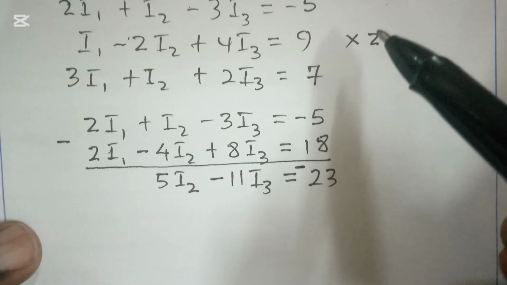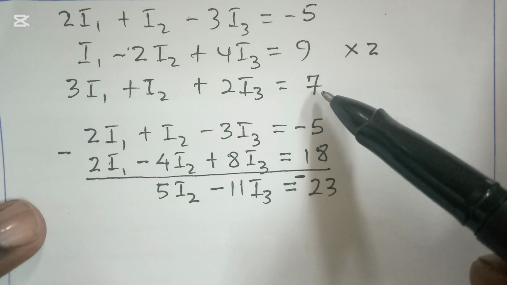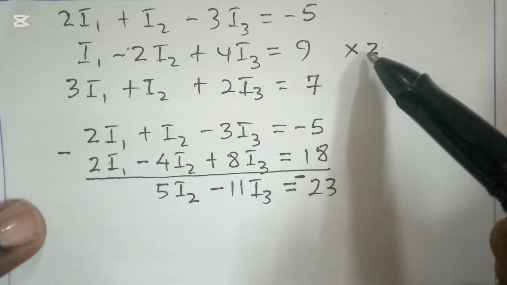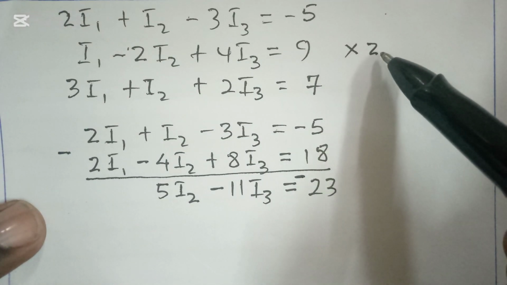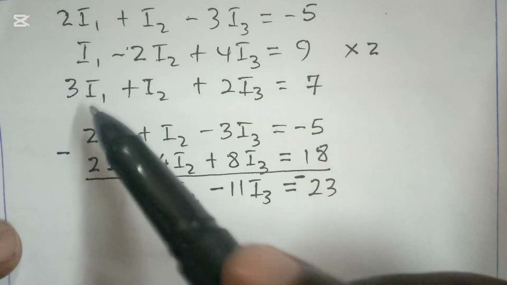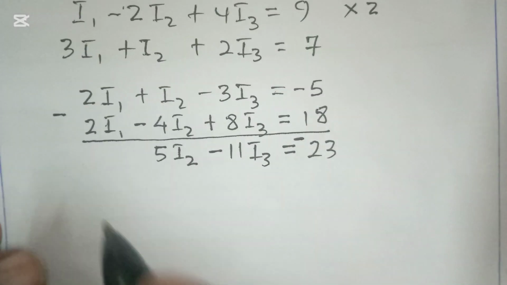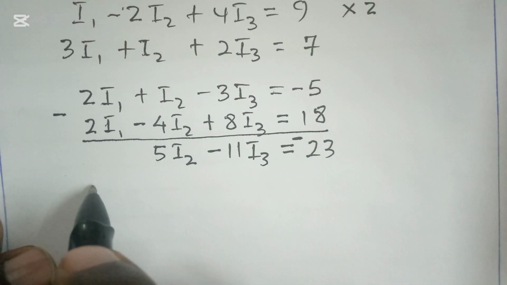Guys, we can come again and use this equation and this. That is, I multiply this equation now by 3, so that I can equate now to this and eliminate once again I1. So I'll have 3I1.